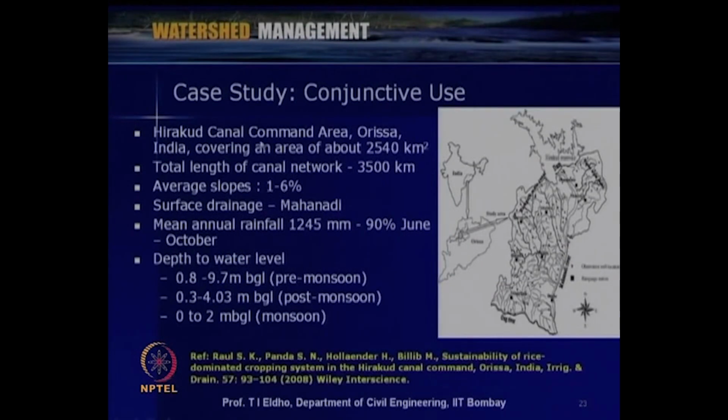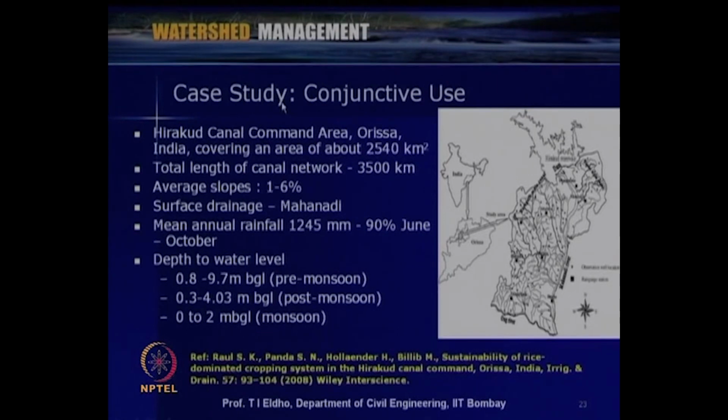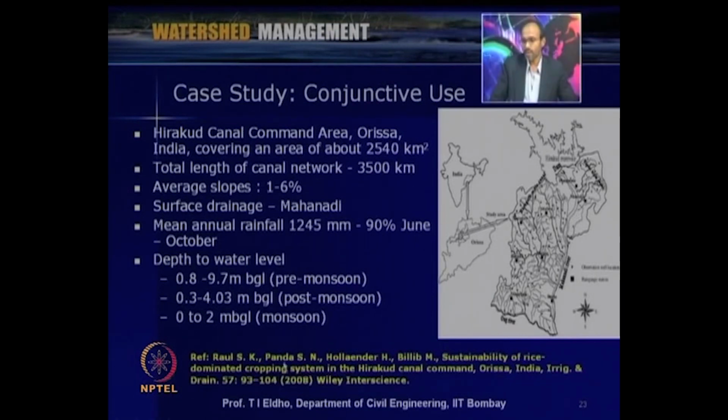Before closing today's lecture, let us briefly look into one case study, as reported on the website of the Central Groundwater Board and by Raul and others in their paper. The case study on conjunctive use is the Hirakud Canal Command area in Orissa, covering approximately 2540 square kilometers. You can see that this is Orissa state and this is the catchment area.